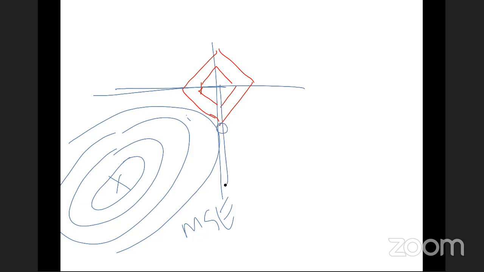Only this feature will survive because it has a non-zero weight. The other one will have a zero weight. That is how feature elimination was going on.